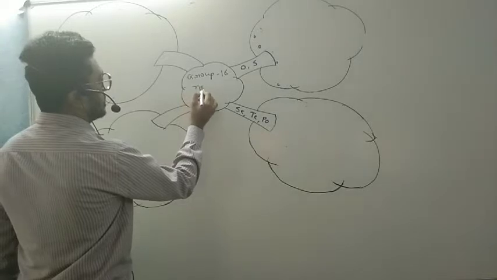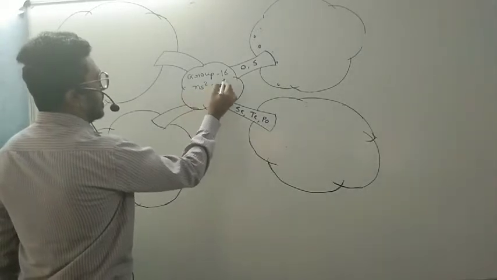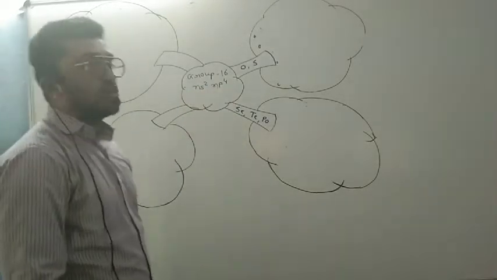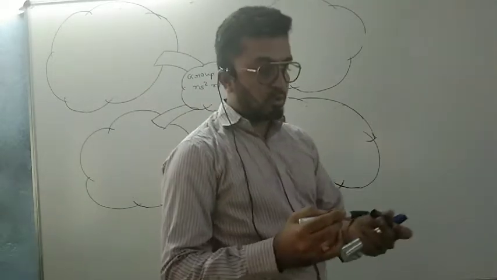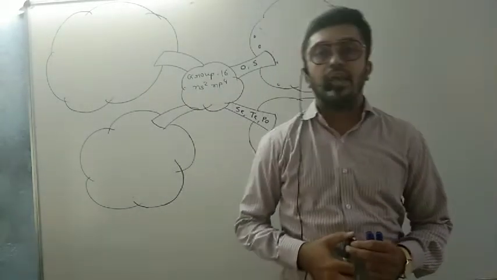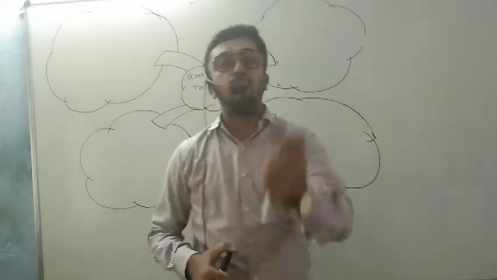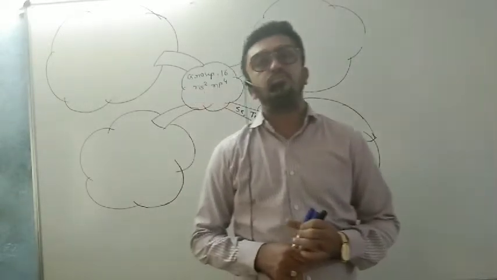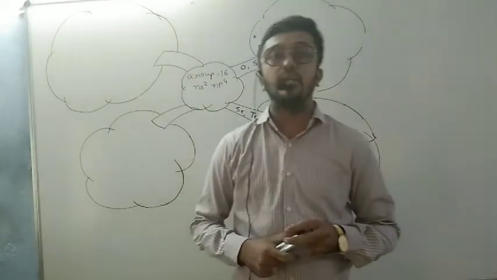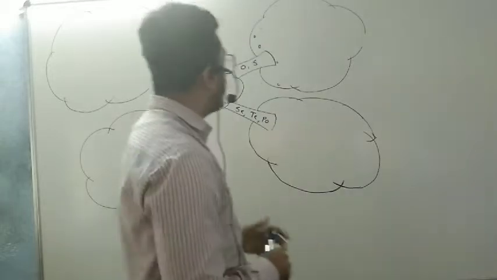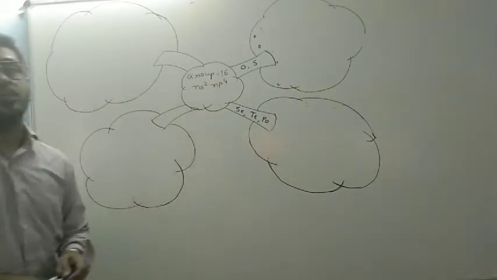First of all, the general electronic configuration of group 16 is ns2 np4. If it is group 15, then it is ns2 np3, but for group 16 it is ns2 np4.